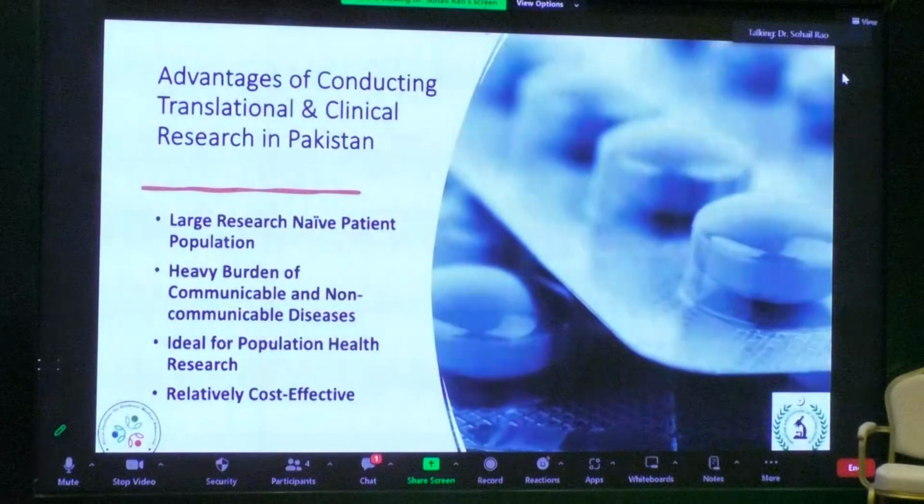Now, I can tell you that in 2019, I tried to take one of the NIH-funded studies called Preventable into Pakistan, and I was the PI of that particular study. It's a $93 million study in which 18 centers in the United States were involved, and ours was one of them.